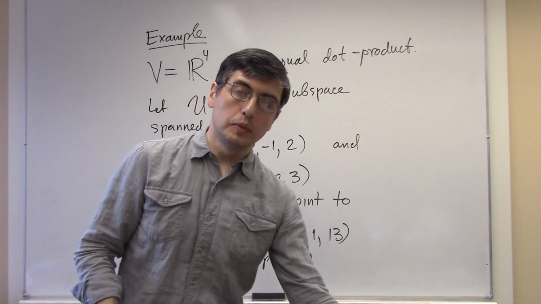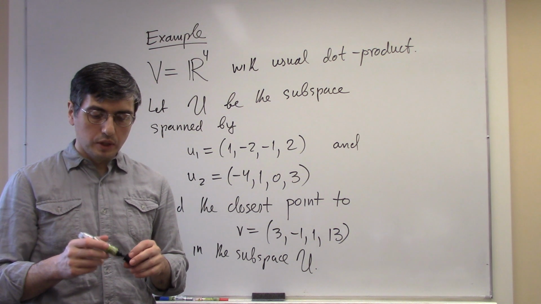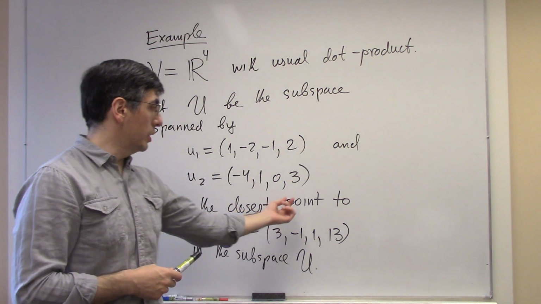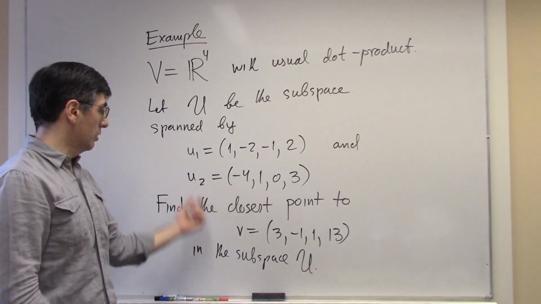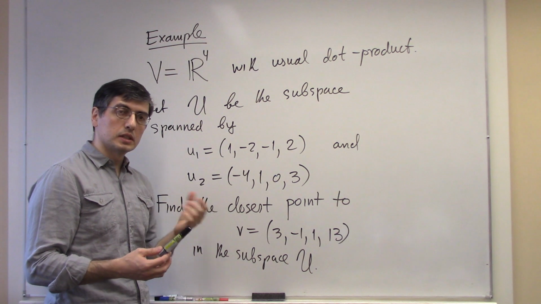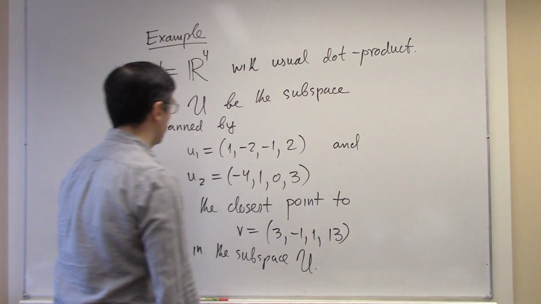Well, we know the abstract solution of this problem. We know that this point that we're looking for is the orthogonal projection of V into U. The question is, how do you compute this thing? Okay.